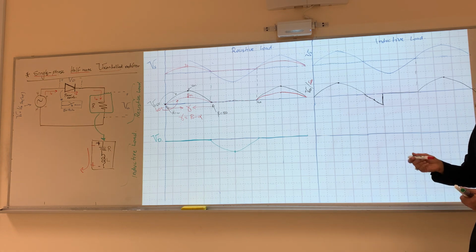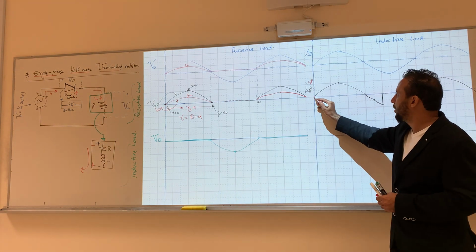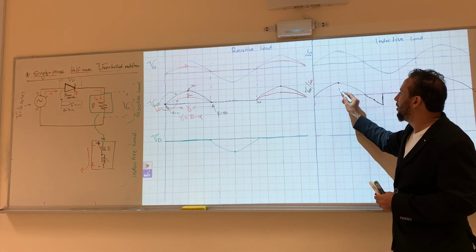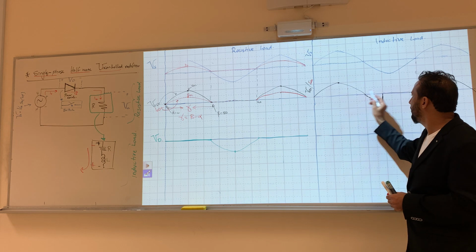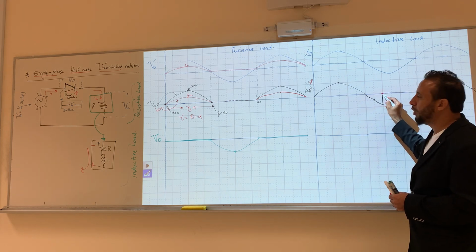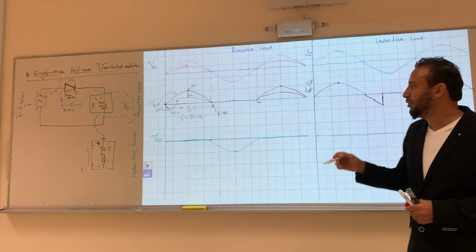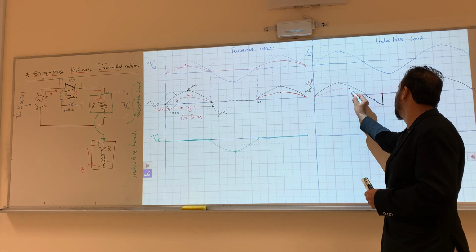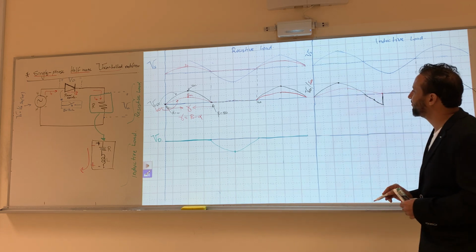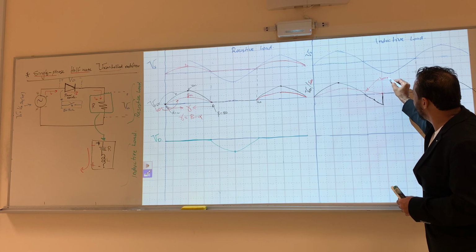Okay, let's see the current. The current will look different than that. It will start from 0, yes, but the peak will not be here. The peak will shift, and it will start when the voltage stops. So it will go like this. Now this one here is I out DC.